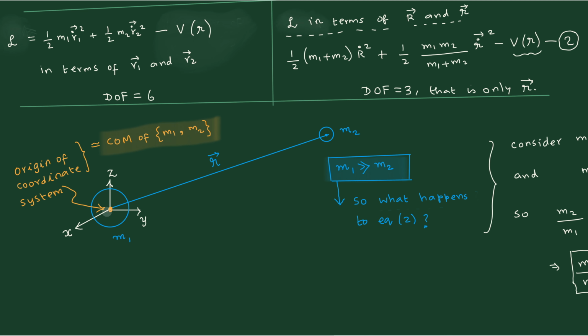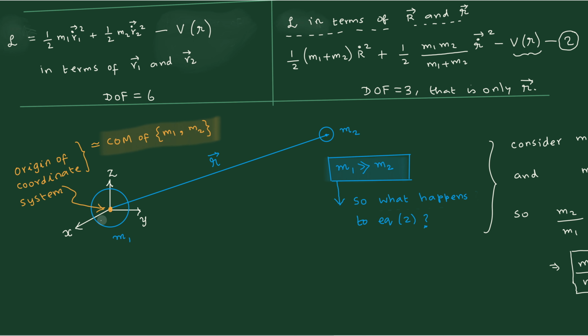That means the coordinate is exactly kept on top of m1, and the second mass is assumed to be a smaller mass, and it is far away somewhere. And then the distance between the two masses is the script r. So that is what I have written here.